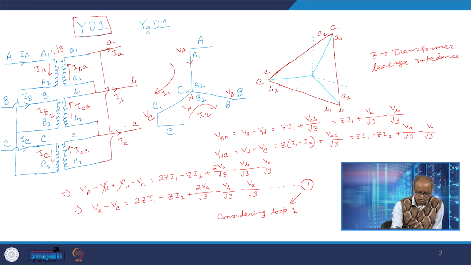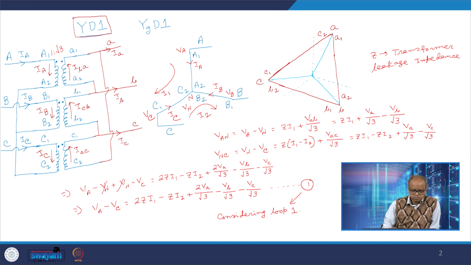All these currents are entering IA. This is current IB and this current is IC, at the primary side.